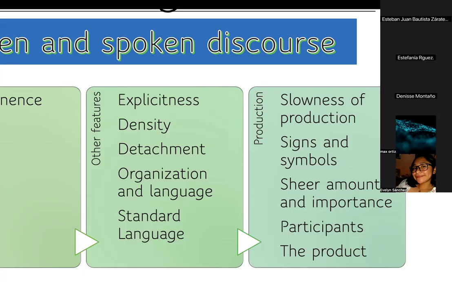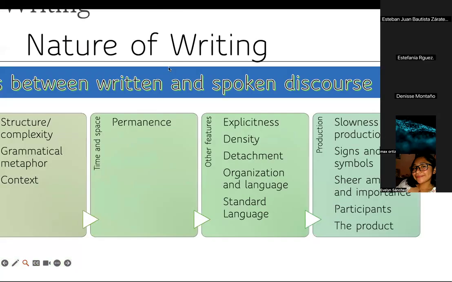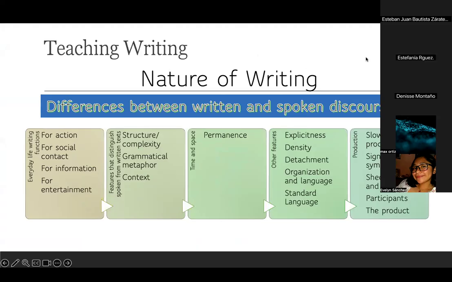In contrast, the written product, as its name says, is something that can be decoded because the audience who is reading your text is able to decode the signs and symbols you used and that you printed on a sheet of paper or in an electronic document. So those are the aspects related to differences between written and spoken discourse.